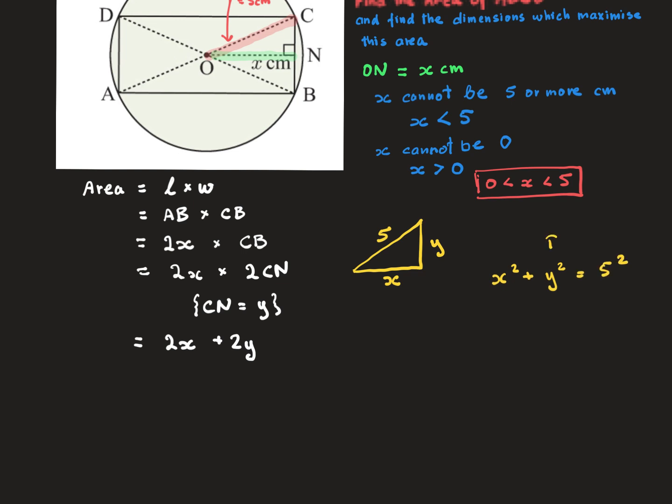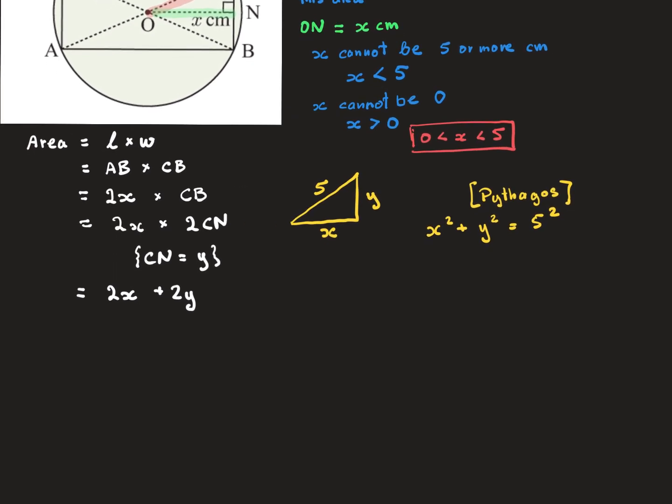You realize that that is the Pythagoras theorem. And as I'm looking for y, I will rearrange this equation so that it is 5 squared minus x squared, and then rearrange further so that this is the root of 25 minus x squared.